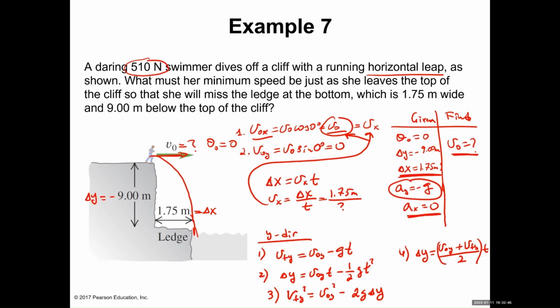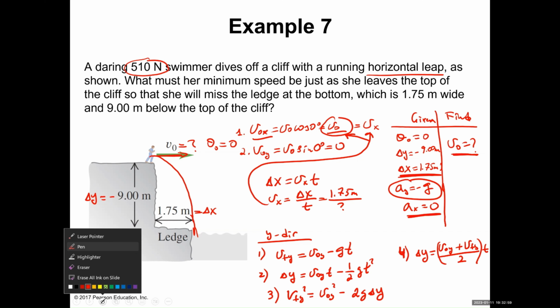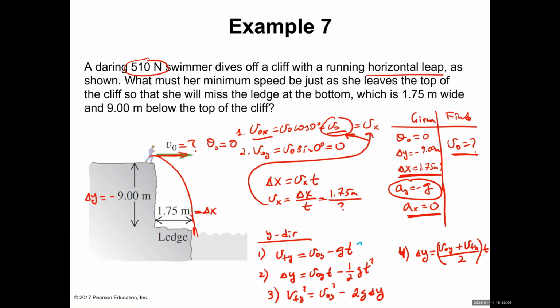That means I have 4 different equations, and 3 out of 4 can give me time, more or less. So you want to look at those equations and ask, can I use equation 1 to solve for the time? Will this equation give me time? What do you guys think, from the information that I have?